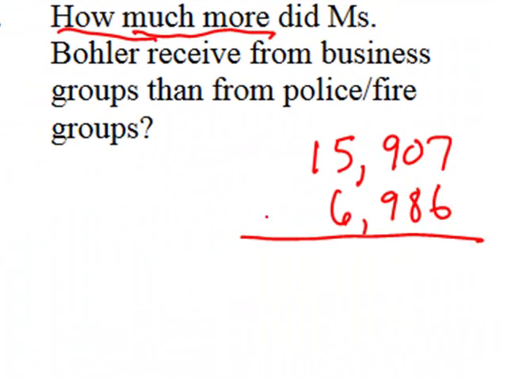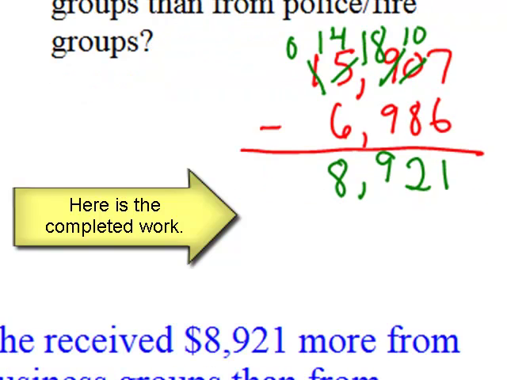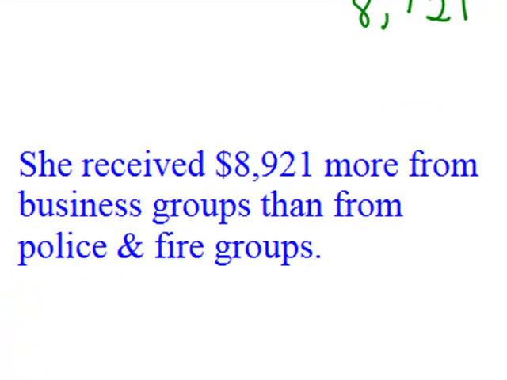So we must do some subtraction to find out how much more she received. And you can see that we have a sentence for our answer. She received $8,921 more from business groups than from police and fire groups.